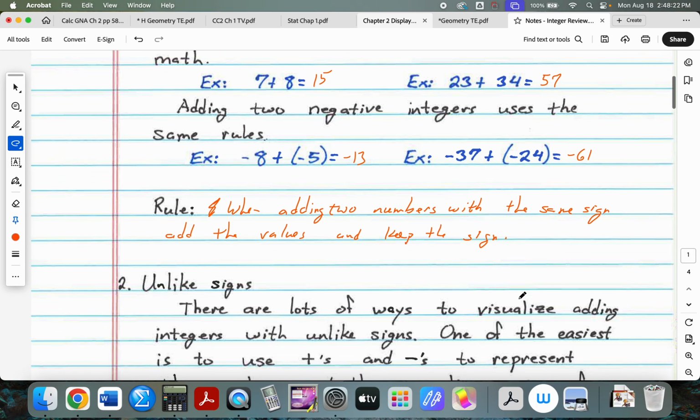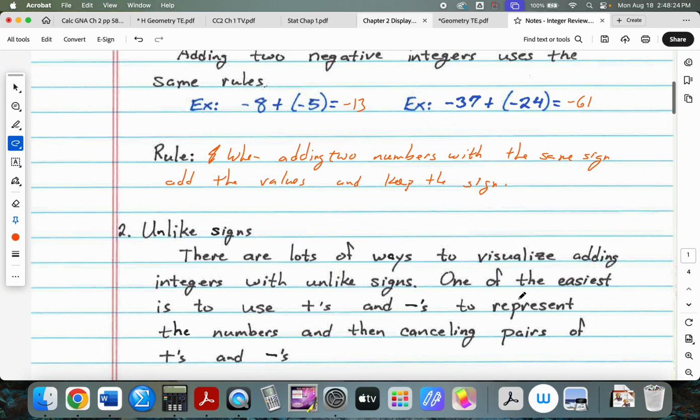But what happens when you're adding with unlike signs? I'm going to show you a way to visualize this. I don't think anybody should take the time to do this more than one or two times, to remind you of what's going on, but I think it's a good way to go. There's a whole bunch of different ways to visualize it.